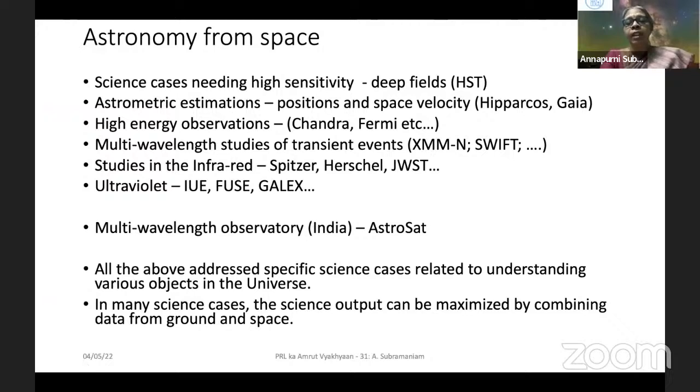One is the high sensitivity deep fields, where you can look at low mass star formation and the IMF, etc. You could also look at astrometric estimations for positions and space velocity, which are given by Hipparcos and Gaia, which help us to weed out the membership when it comes to clusters, space velocity estimation, positions, etc. High energy observations cover the other wavelength areas which cannot be done from the ground, and of course contribute to multi-wavelength studies. UV also plays a major role in the coverage. So the rest of them are there.